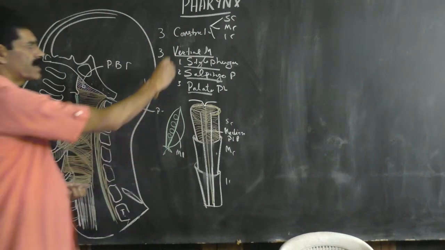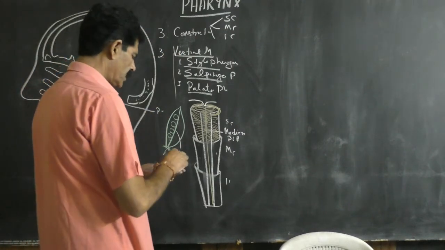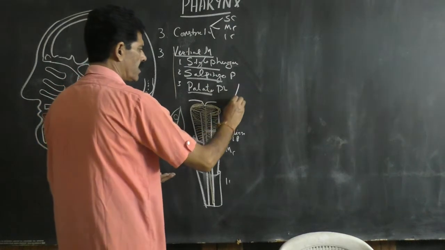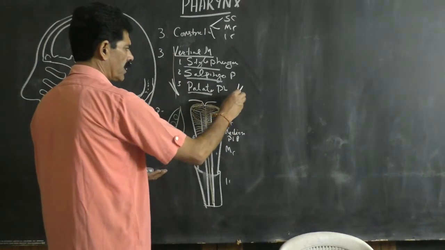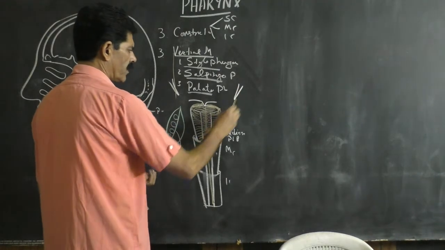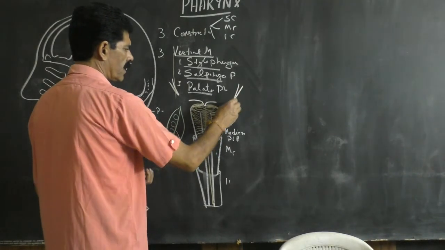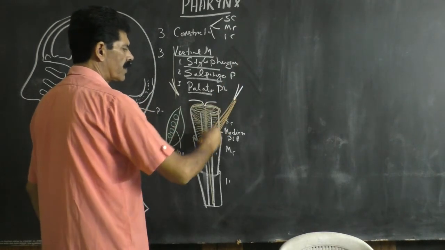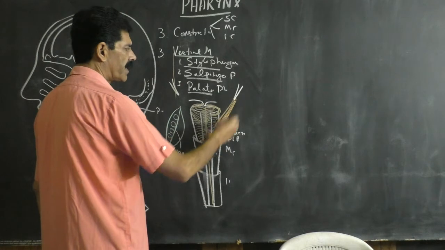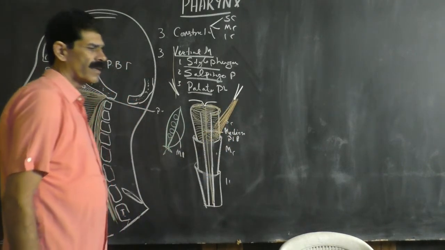Then the three vertical muscles. One is the stylopharyngeus muscle. This muscle takes origin from the styloid process and merges with the superior constrictor, and it pulls the pharyngeal tube upward during the deglutition process, which is the anti-gravity action of the stylopharyngeus.